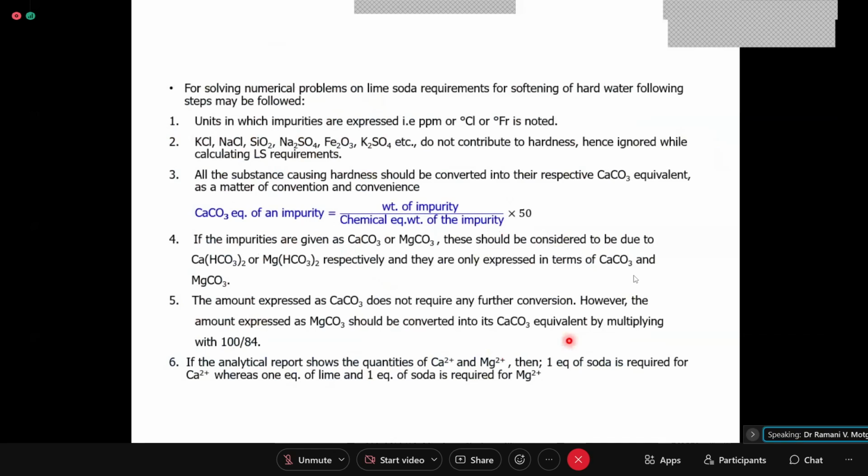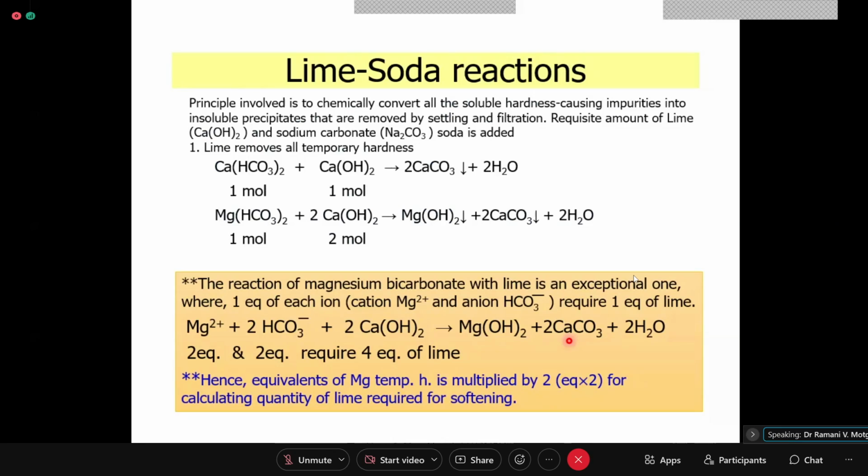Okay, so why is it like this? These are some of the rules which you should keep in mind when you are solving numericals. Numericals are a large portion of your marks. That is why more emphasis is given to the numerical part.